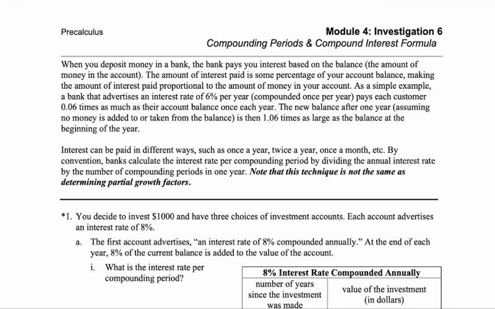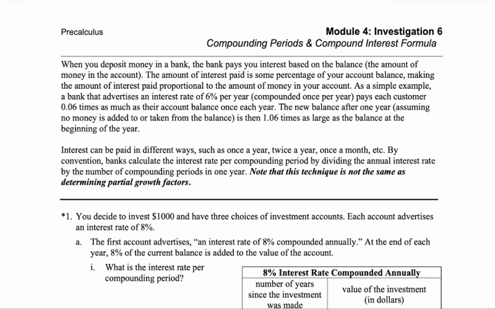So in this video, we're going to talk about mods 4.6 and 4.7. First, we're going to start with 4.6, which is about compounding periods and the compounding interest formula. When we talk about the word compounding period, it is the annual interest rate divided by how many times per year that interest rate is calculated for the bank.